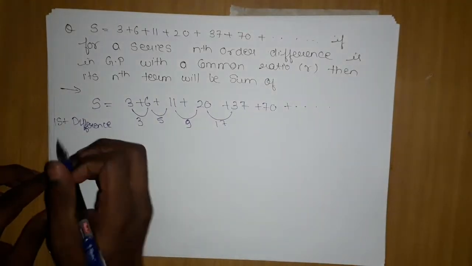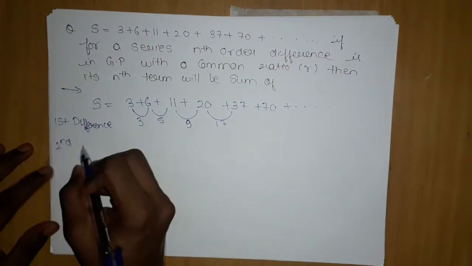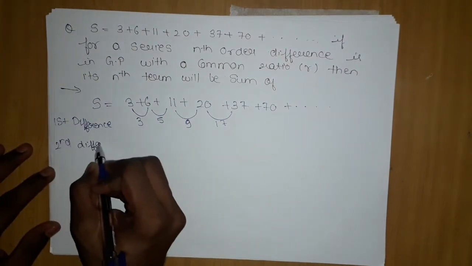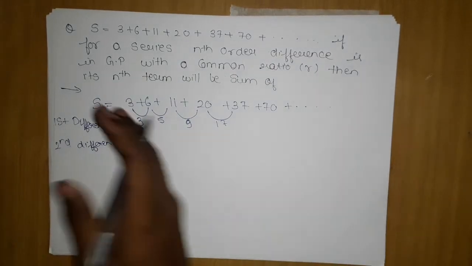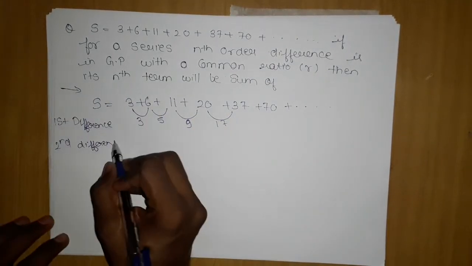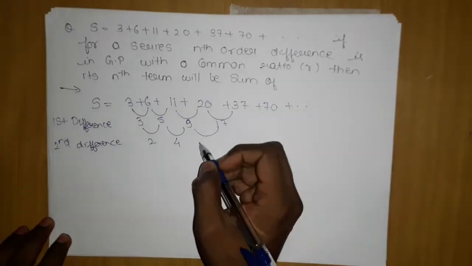There is no point going more. Now the second difference. Many children keep on getting differences. No, don't do it, go till 4. That much is enough. Now this is 2, this is 4, this is clearly 8.